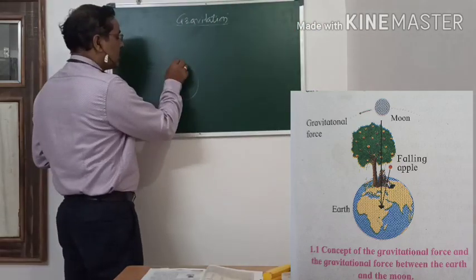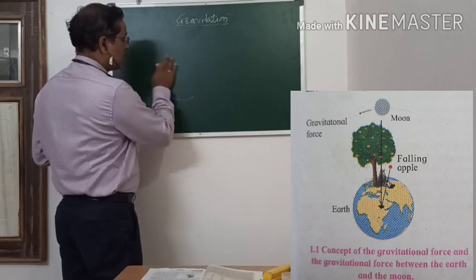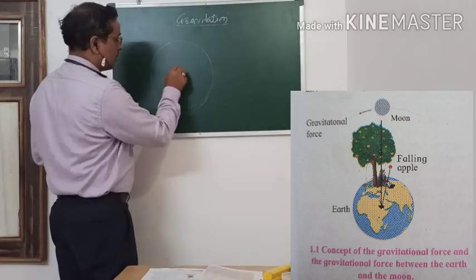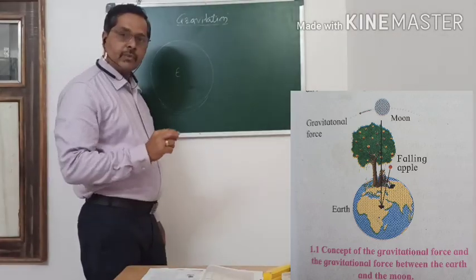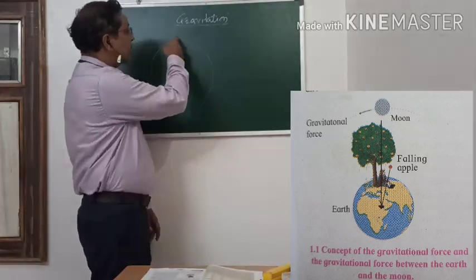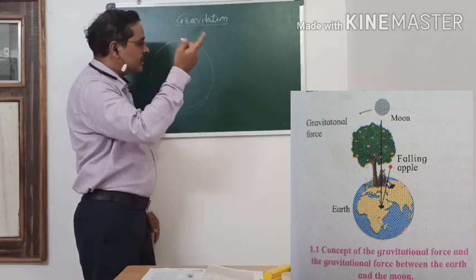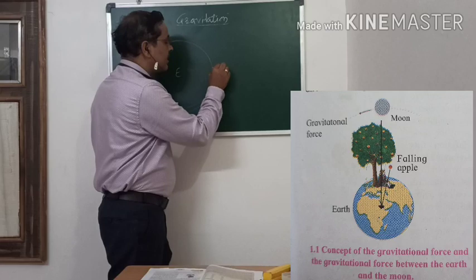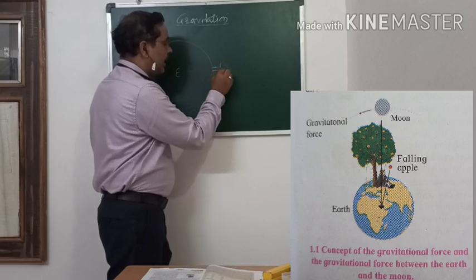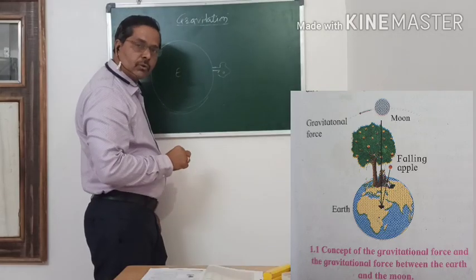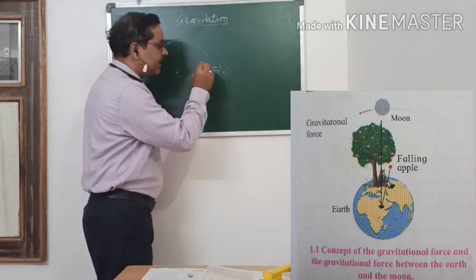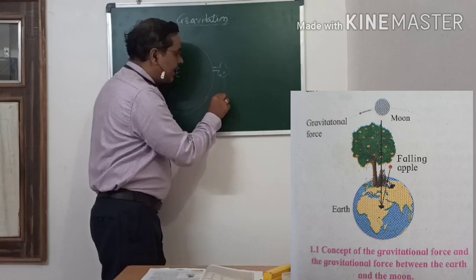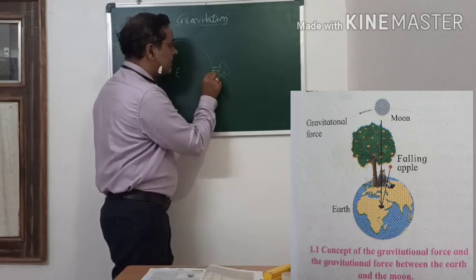Look, suppose this is Earth and the tree is shown here in the picture. But suppose the tree is present here and the apple falls down, we can understand it very easily. Interesting to know: why doesn't it fall in this direction, why does it fall in this direction?